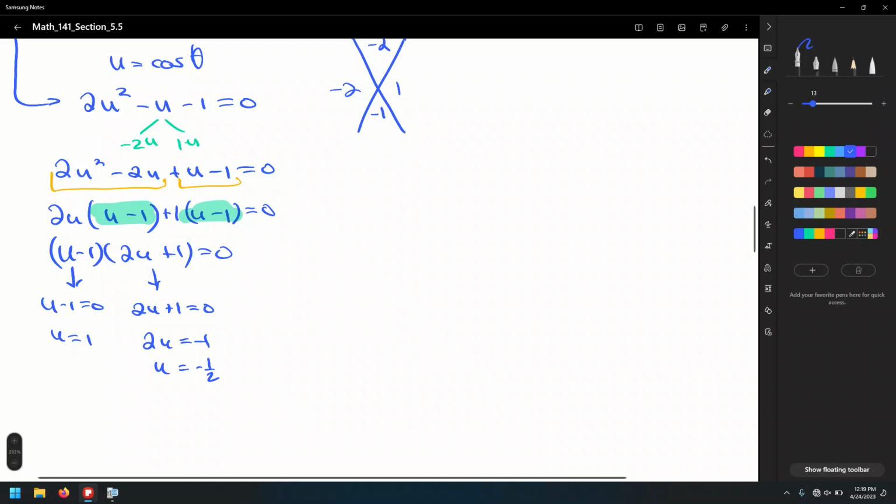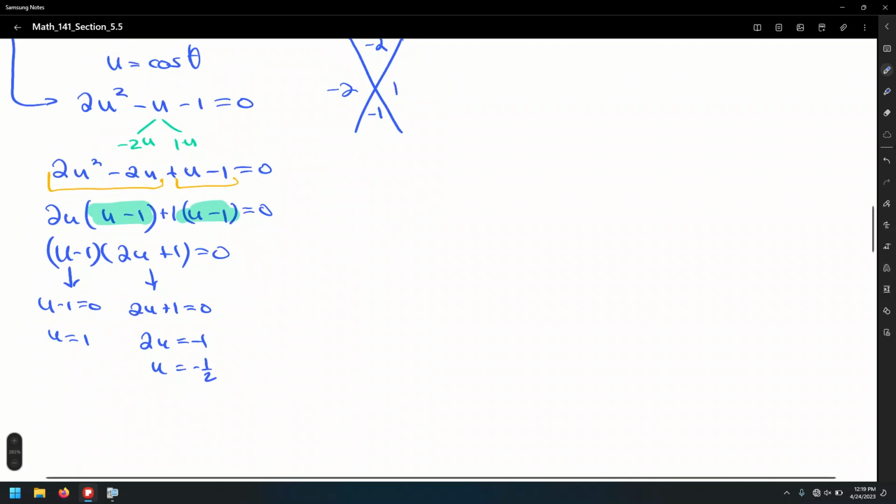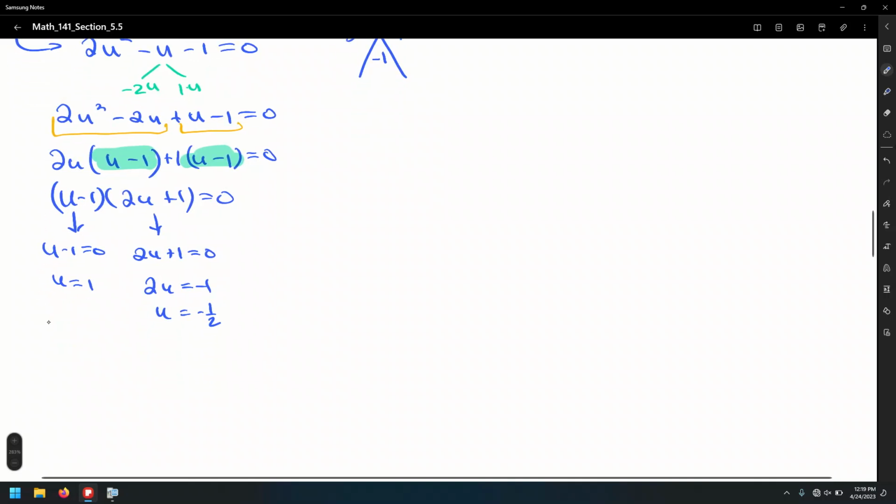Now that we solved the problem in the world of u, let's go back to the original world, which in this case is the world of trigonometric functions. Recall that we did a substitution of u equals cosine theta. Let's go back and substitute for u. So cosine theta equals 1 and cosine theta equals negative 1/2.